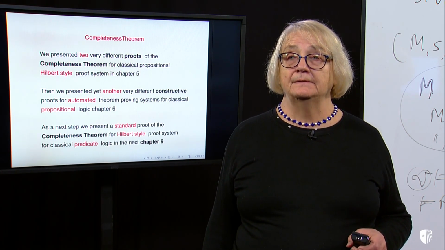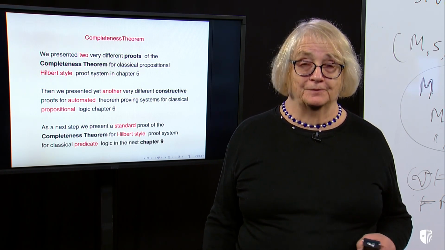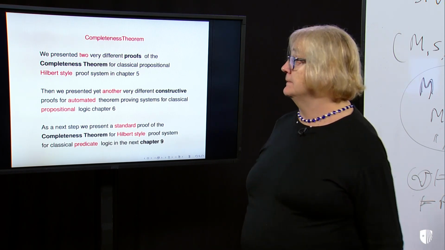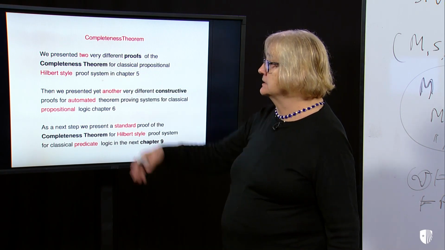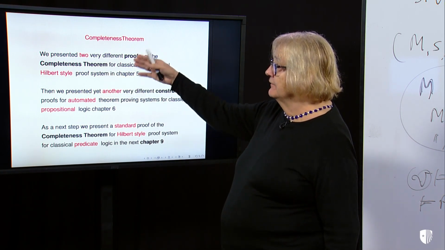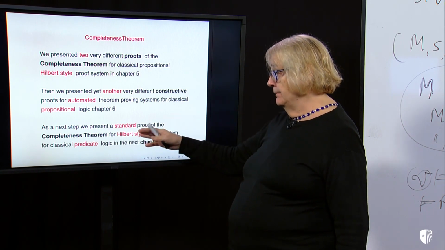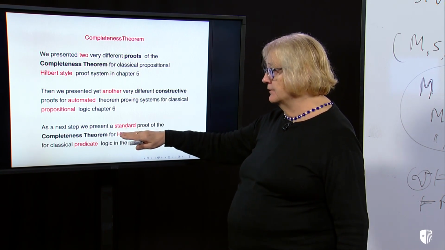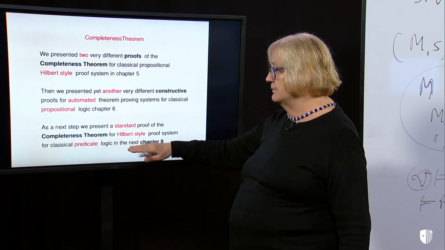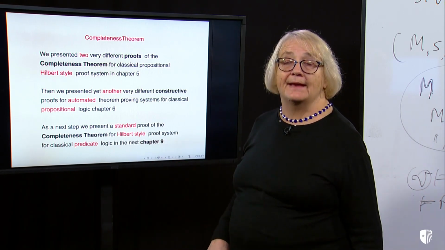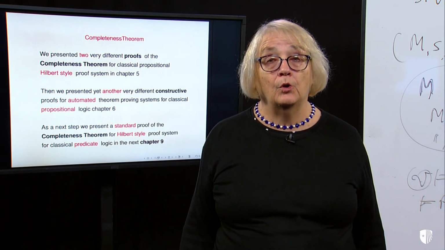And of course, we have two proofs of the completeness theorem. We did two proofs for the classical case, and next we present a standard proof for the Hilbert-style proof system in chapter 9, so that is our next goal.